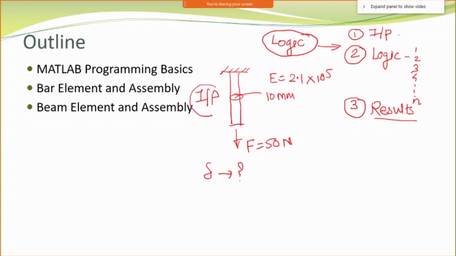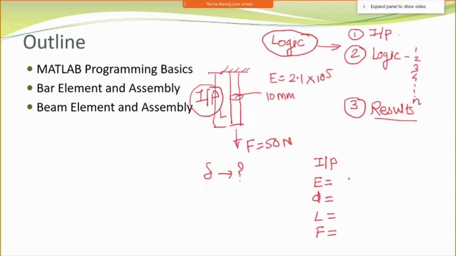So how do we proceed? First of all, the inputs: the material property, that is E. Then the diameter is my second input, and one more input we need is the length of the entire bar, that is L, and the external force. These are the inputs we got.